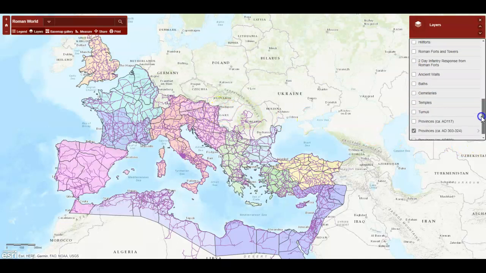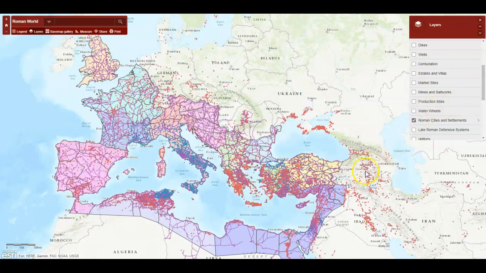We can take a look at Roman cities and settlements. All of these little red dots that just appeared are Roman settlements or colonies, places where people of Rome either live within the empire or have gone out and colonized areas outside of the empire and are sending resources and goods back to Rome.